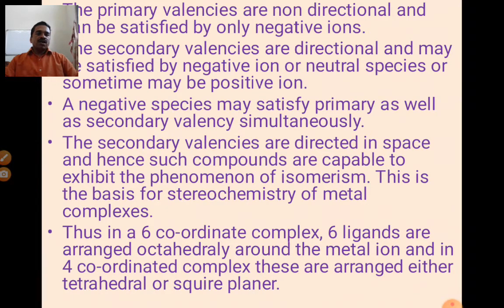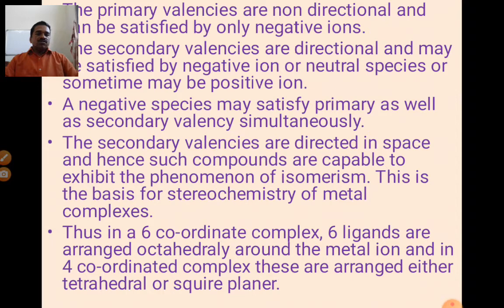Again, he said that a negative species may satisfy primary as well as secondary valencies simultaneously. The secondary valencies are directional in space, and hence such compounds are capable of exhibiting the phenomenon of isomerism. This was the basis of the stereochemistry of metal complexes.